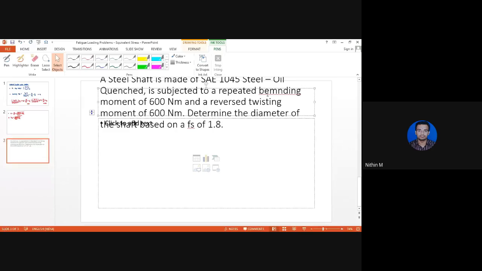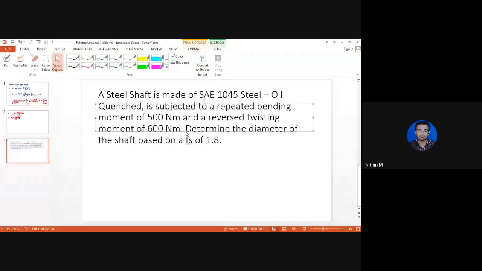Based on factor of safety, the bending moment is 500 Newton meter. Please change it, the problem gives 500 Newton meter, right? So this is the problem at hand.